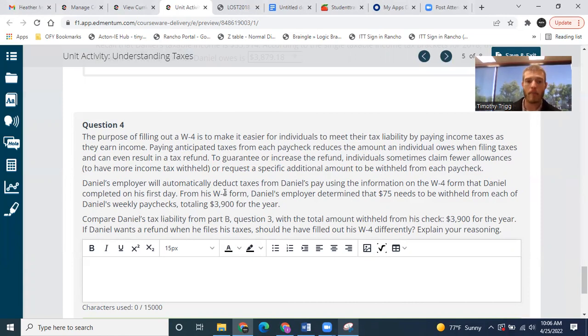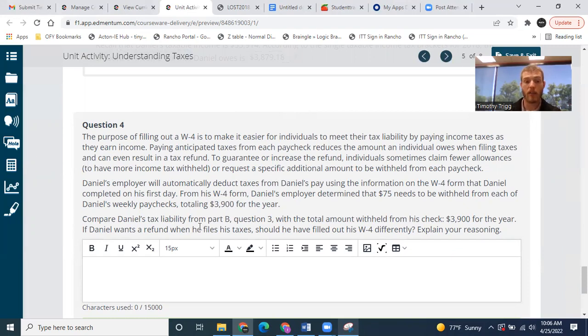Daniel's employer will automatically deduct taxes from Daniel's pay using the information on the W-4 Daniel completed on his first day. From the W-4 form, Daniel's employer determined that $75 needs to be withheld from each of Daniel's paychecks, totaling $3,900 for the year.